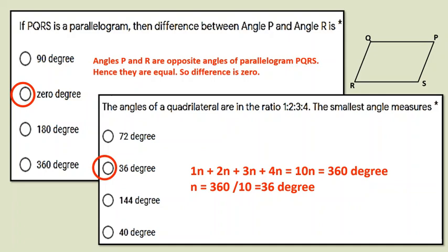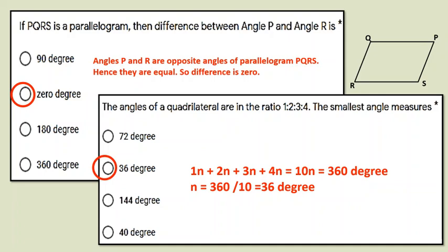PQRS, PQ is continuous letters. If you skip one vertex, P and R are opposite vertices. So angle P and angle R are opposite angles, so they are equal. What is the difference between those two? One angle minus another angle, equal angles means 0. Simple question. It is 0.